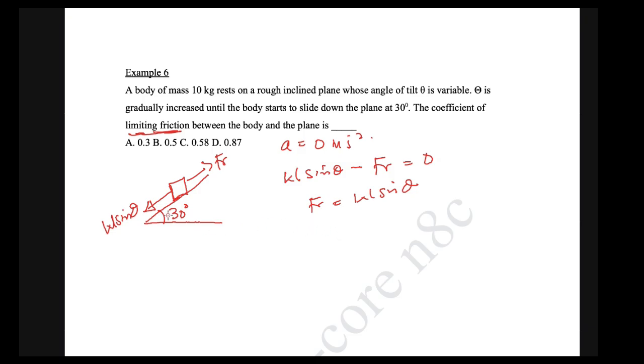Then again, our normal reaction R is W cos theta. So the coefficient of static friction is going to equal, W is 10, but we don't actually need to put it there because it's going to cancel out. So we're going to have mu s is frictional force over normal reaction.